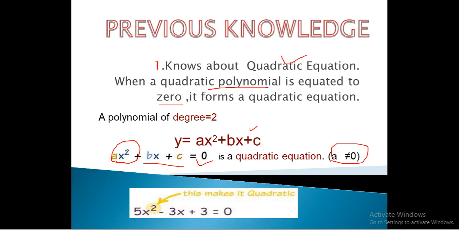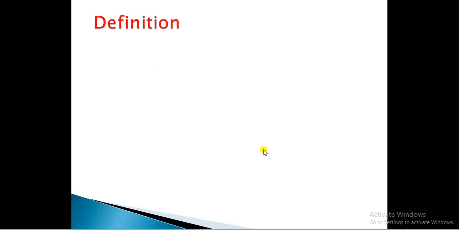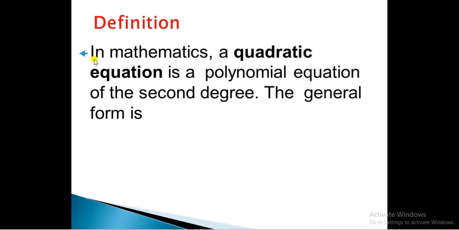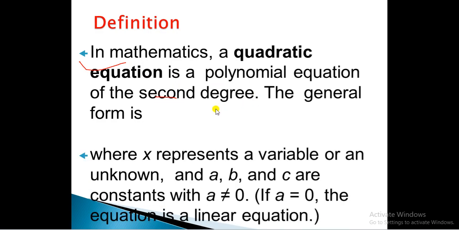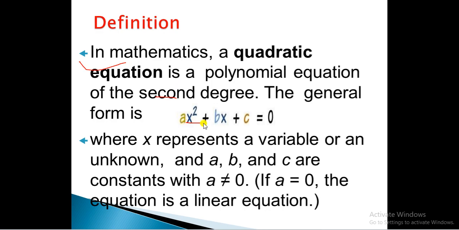Now let us see the definition. In mathematics, a quadratic equation is a polynomial equation of second degree. The general form is given by ax square plus bx plus c equals to 0.